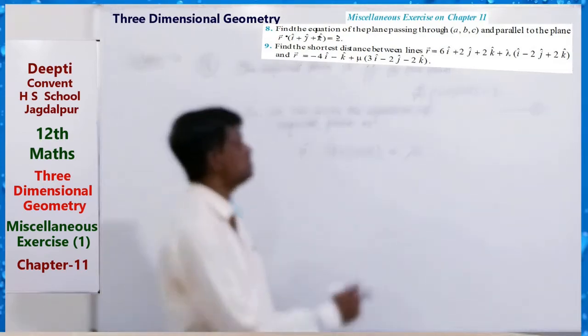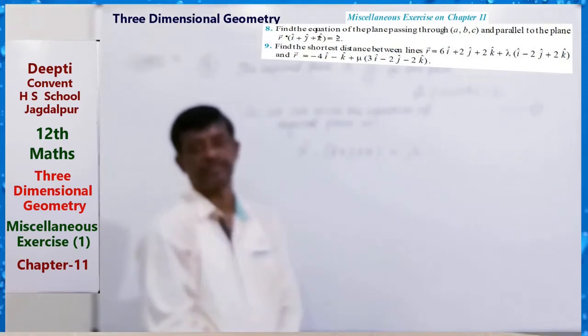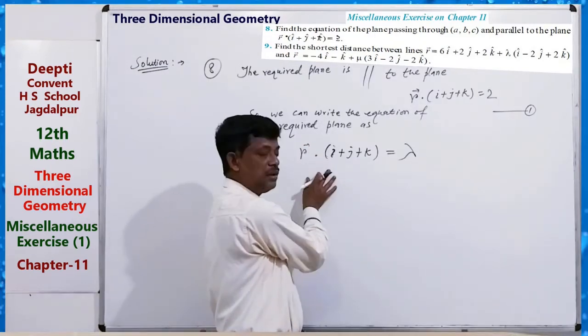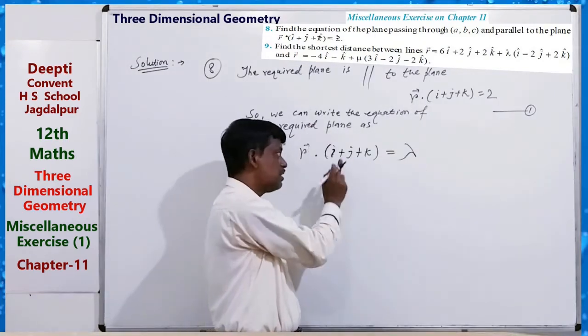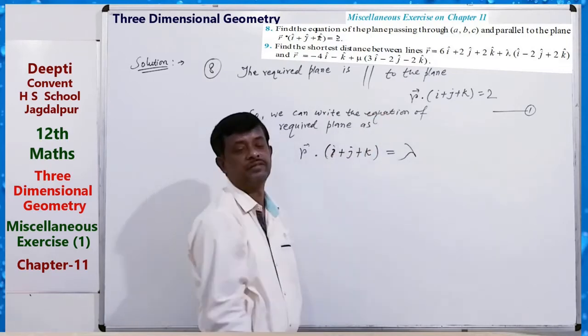Just change the constant. This plane r dot n equals d is parallel to the given plane.